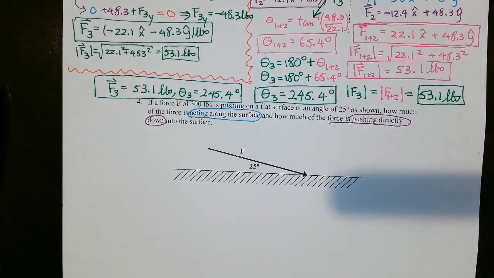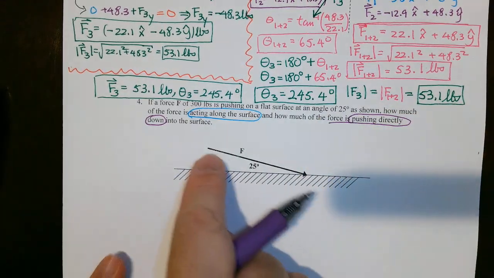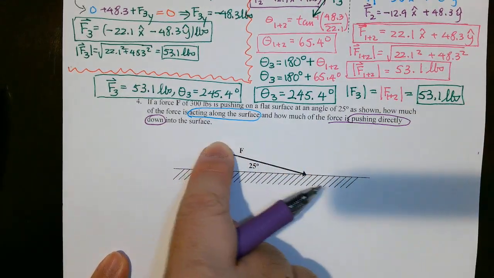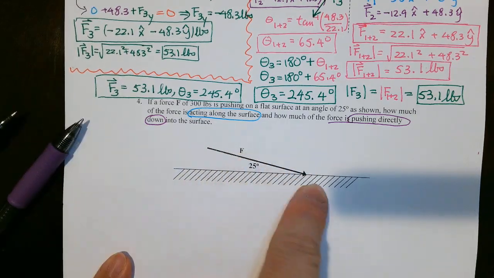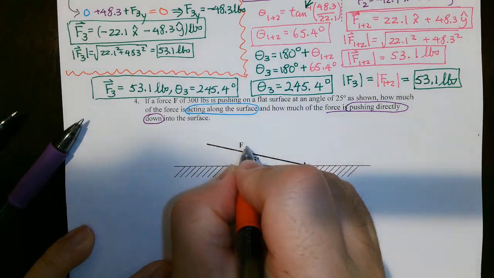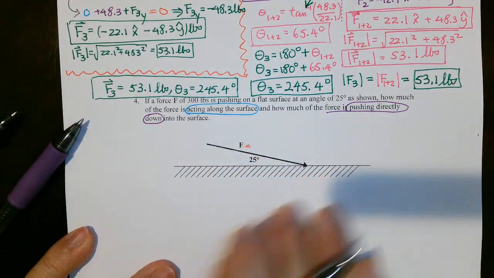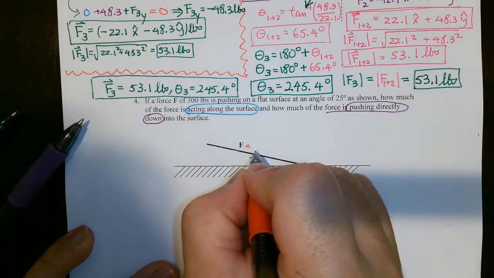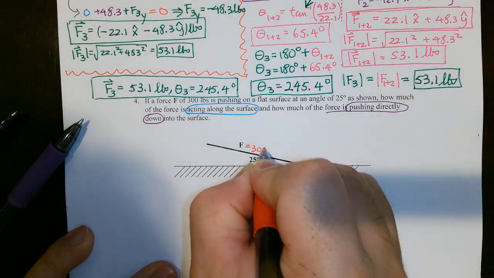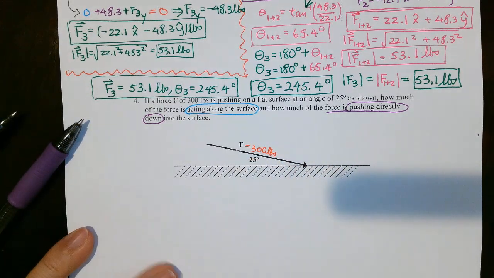Okay. So we're looking for, so this force right here is 300 pounds acting, well, not straight down, but at a 25-degree angle to the horizontal surface, the table. So this is 300 pounds of force. That's the magnitude of my force.